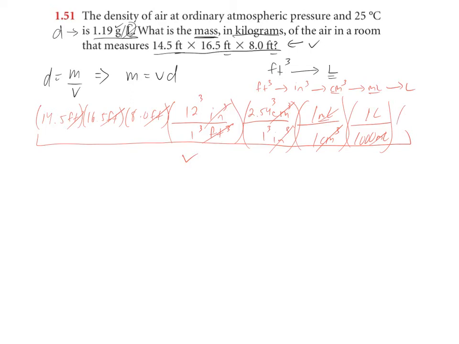Now, as the plan suggests, we want volume times density. I'm not going to write times density here, but I will multiply times the density, which is 1.19 grams per liter. And liters cancel.